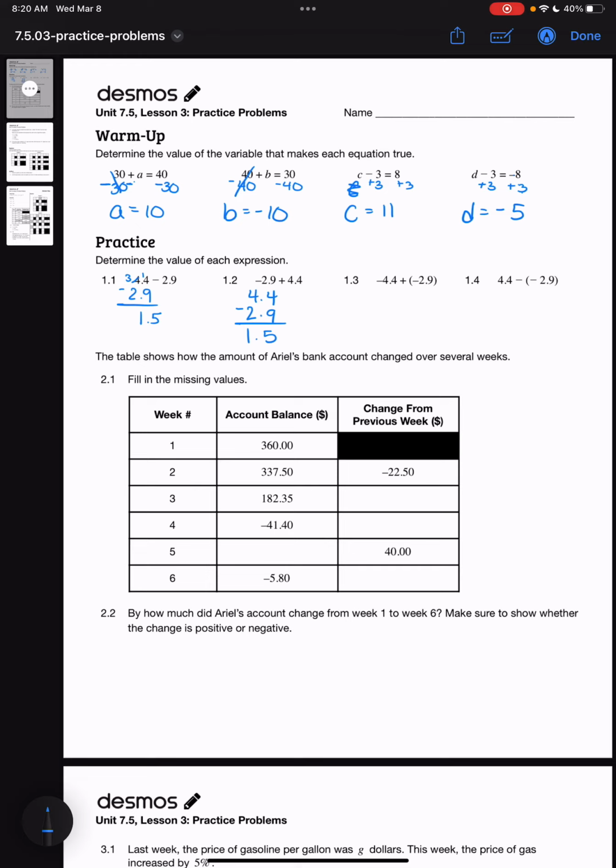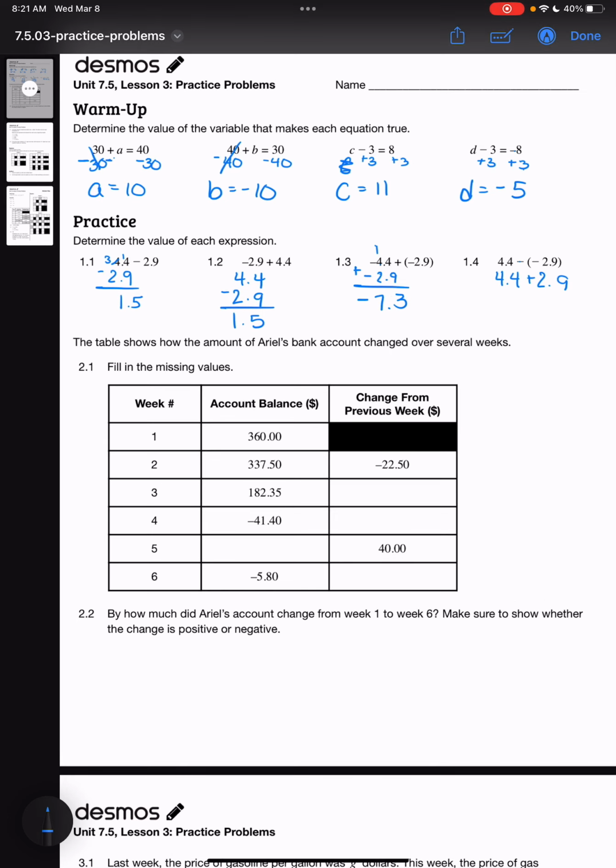These two negatives can go together, so I can combine the two negatives, which is going to give me negative 7.3. And these two negatives, when I subtract a negative, I'm actually creating a positive, so 4.4 plus 2.9 equals 7.3.